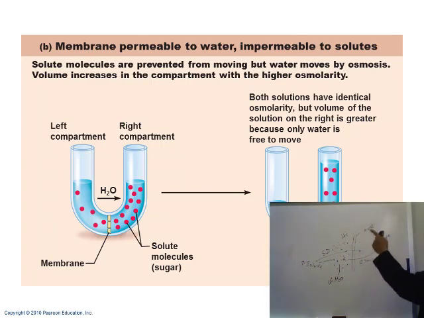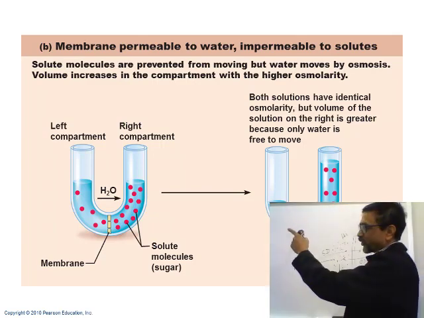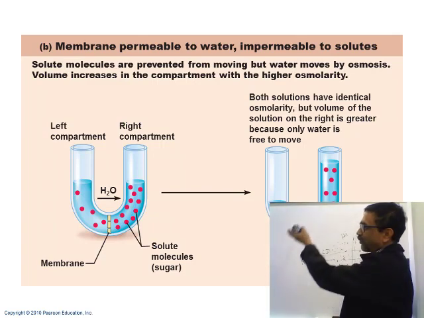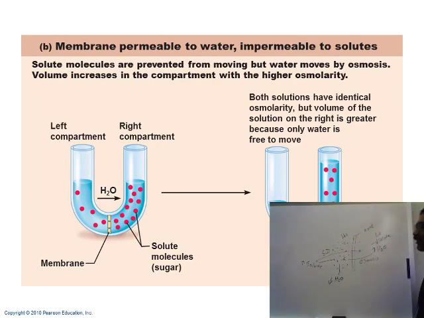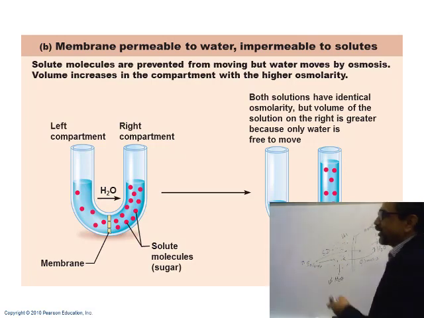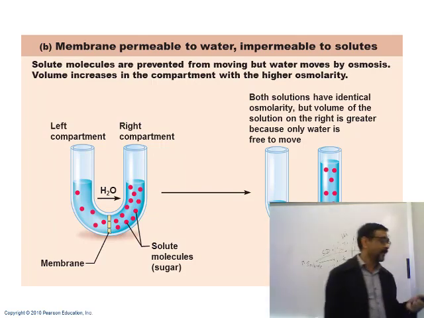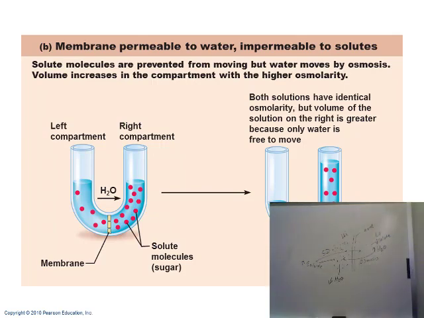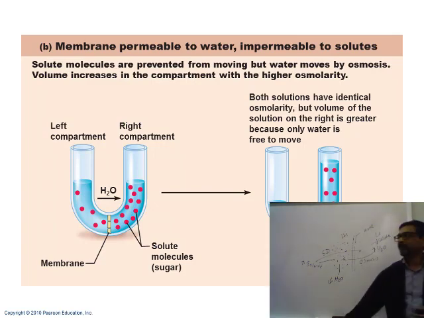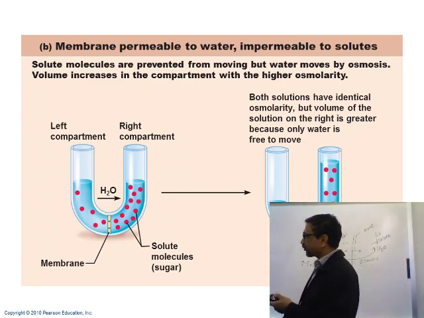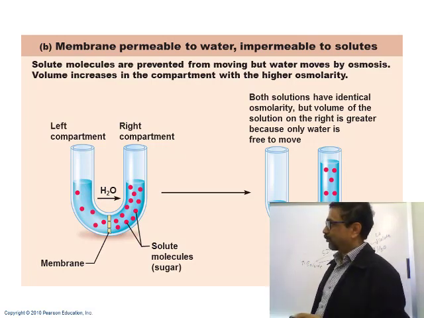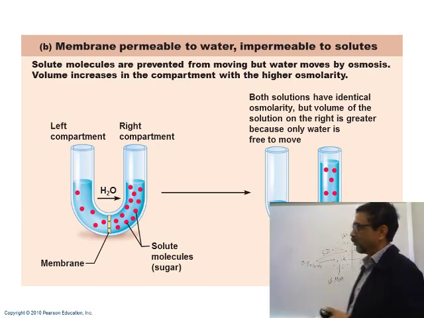So you see that only the water will move from low to high, that is the osmosis, and in one side the volume of solution will be more. The final goal is bringing equilibrium, and you see here the equilibrium has been established, although the volume is different. The volume is more here, less here, but concentration is the same in both sides. So only water will move from low to high in this case, because you are not allowing the solutes to move.